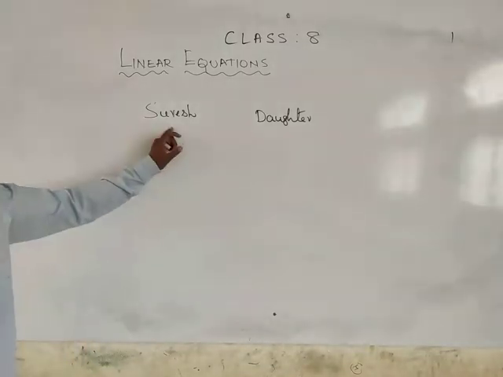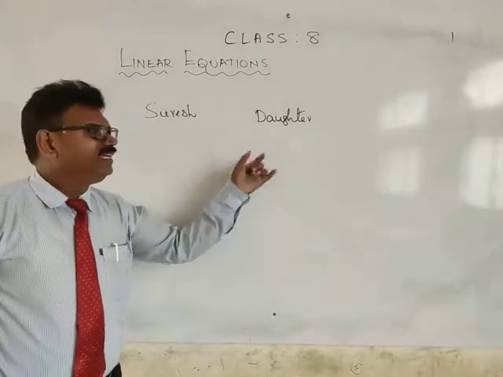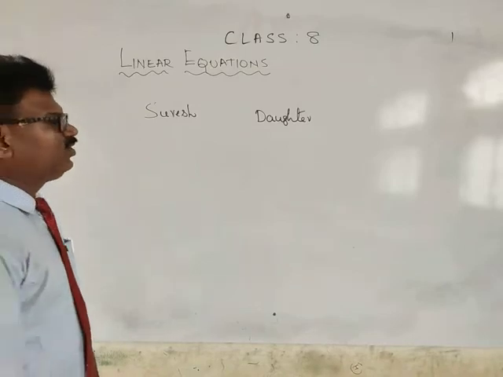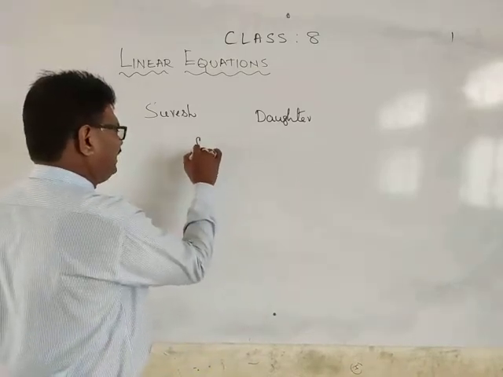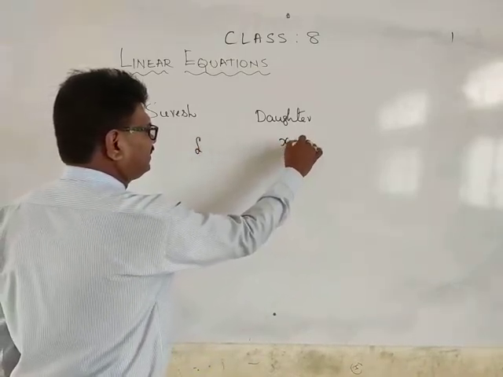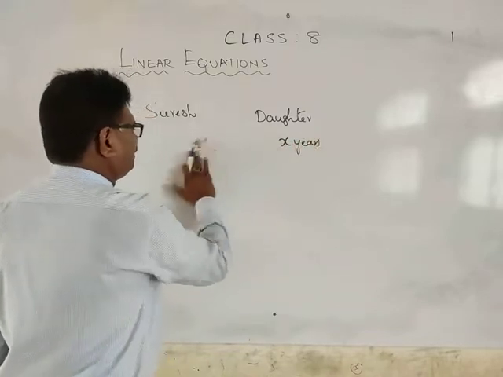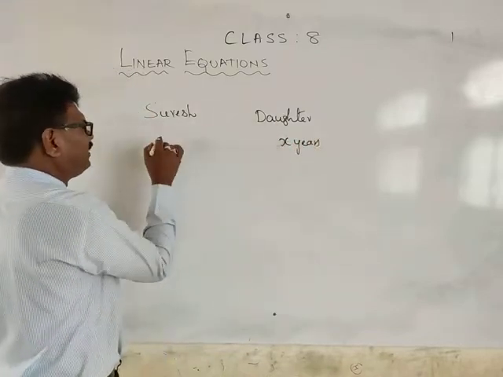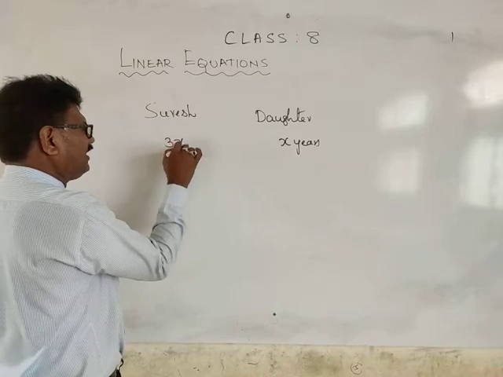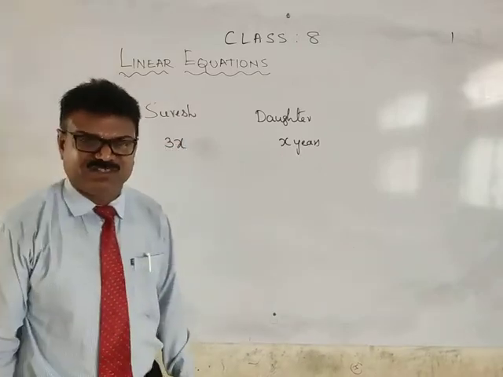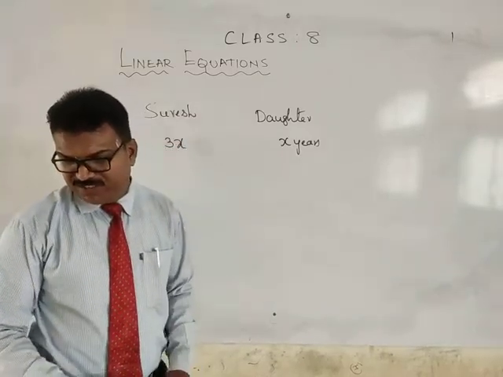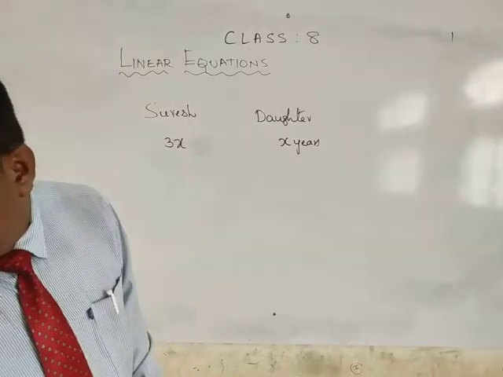Now, Suresh is 3 times his daughter's age. Let the daughter's age be x years. X years daughter means what about Suresh? 3 times. Times means what I told? Multiplication. Times means multiplication.